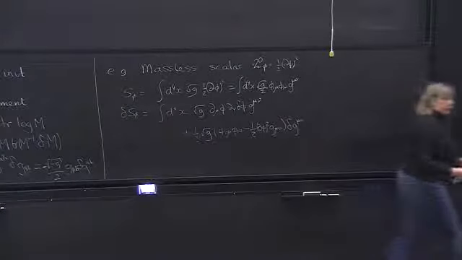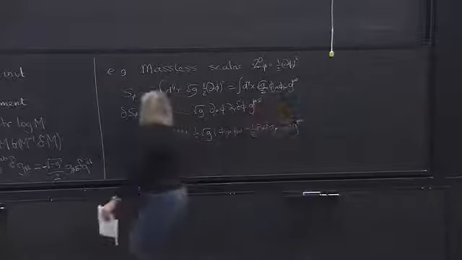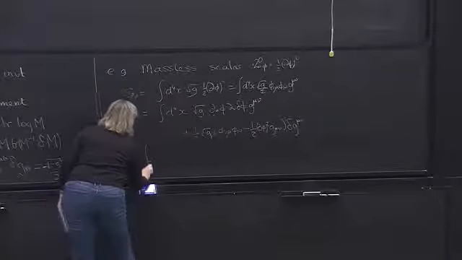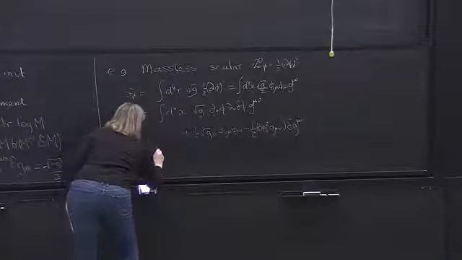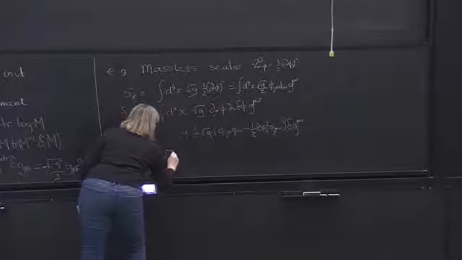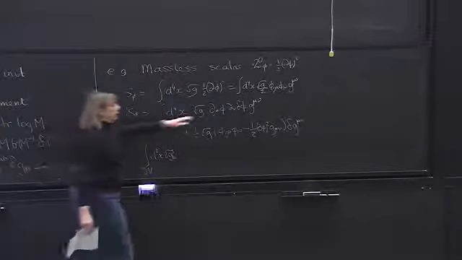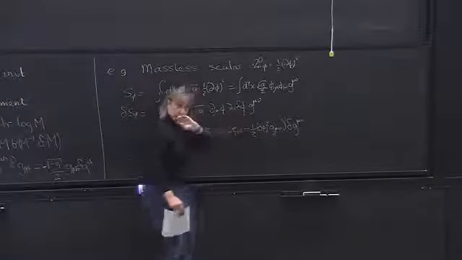So now I'm going to integrate by parts. This is the standard thing that we do. So when I integrate by parts, I'm really doing this so I can pull out a delta phi here.